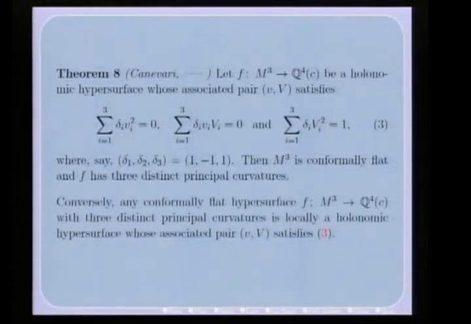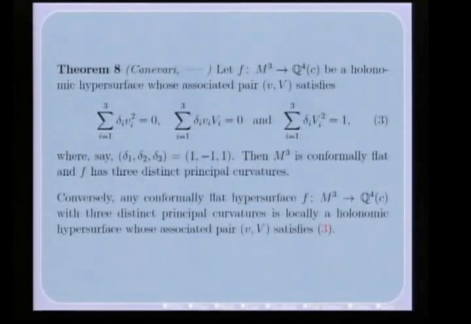So this result states that conformally flat hypersurfaces with three distinct principal curvatures are precisely holonomic hypersurfaces whose associated pair satisfy those three relations.